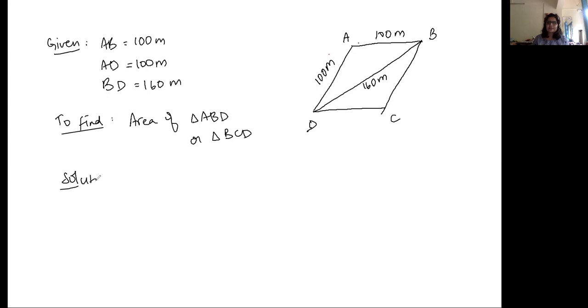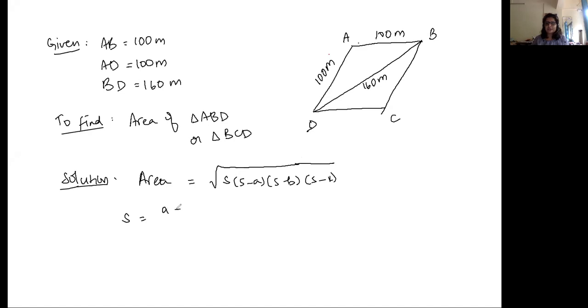Okay, so then put the solution. Area is equal to root of s into s minus a into s minus b into s minus c, where s is equal to semi-perimeter. So that's a plus b plus c by 2. So find out what is the semi-perimeter. 100 plus 100 plus 160 by 2, which is equal to... Puneet, you said you got 1000 root 80?